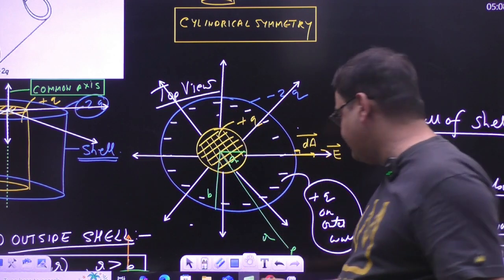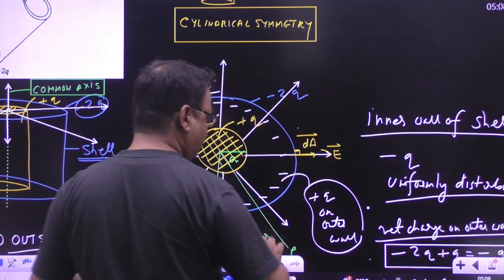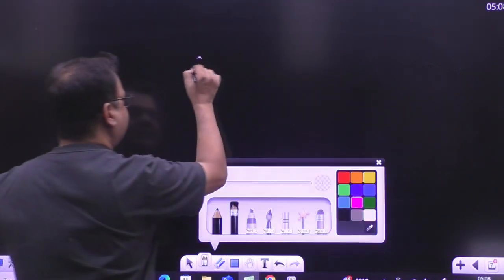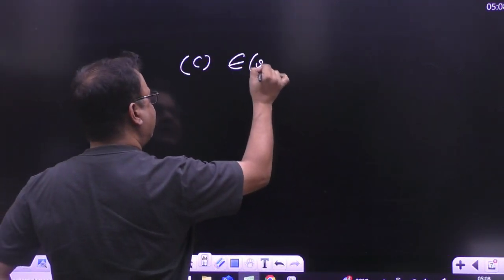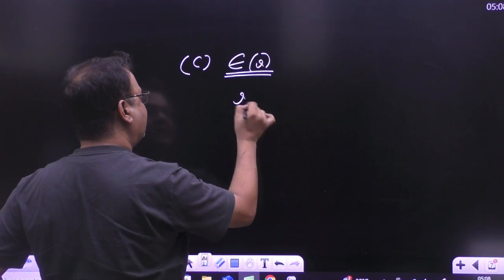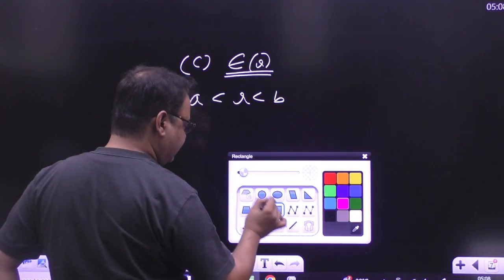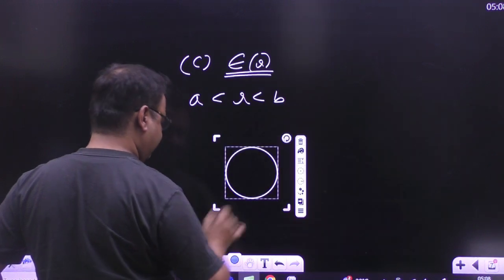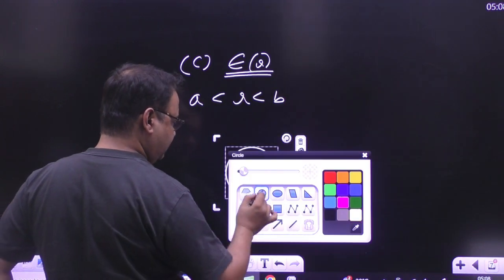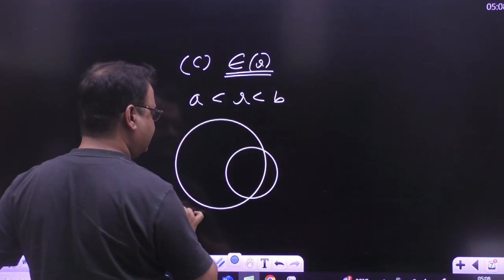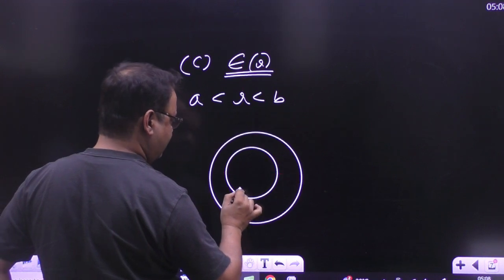So we will apply the same approach as we applied for part A. So now I am finding the electric field at a radial distance R when R is between A and B. First of all, let me make the system. So this is the inner cylinder, this is the outer cylindrical shell of charge.